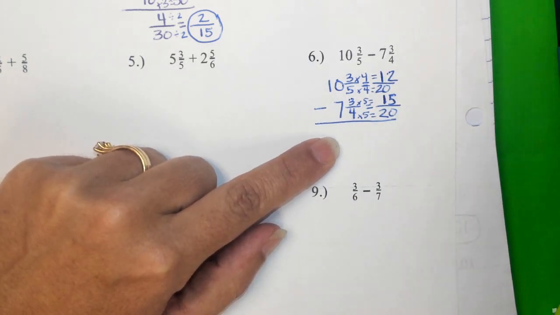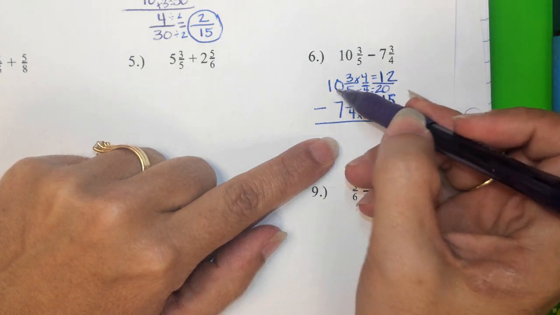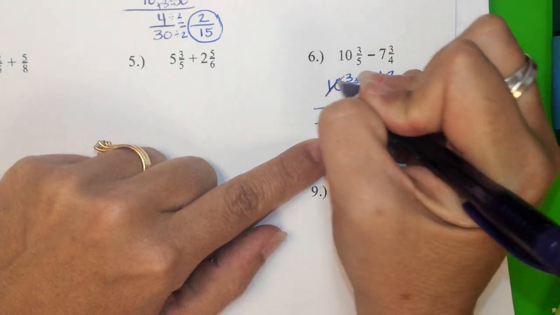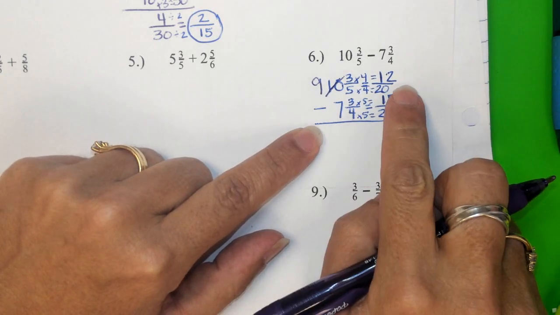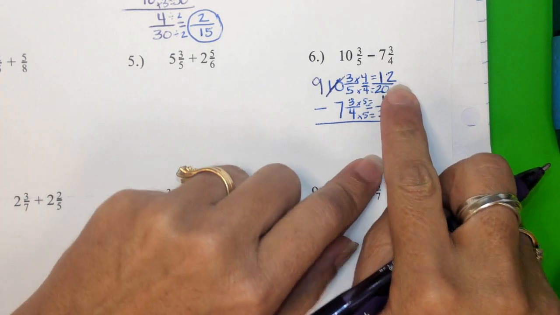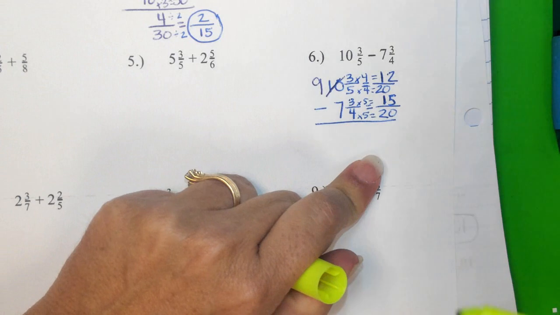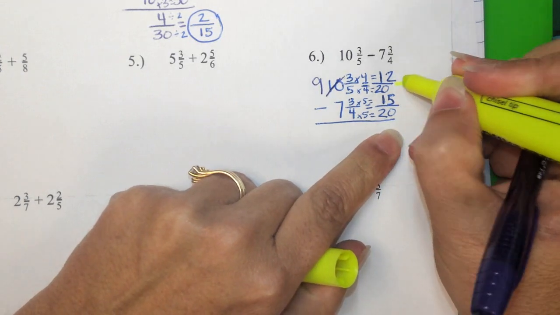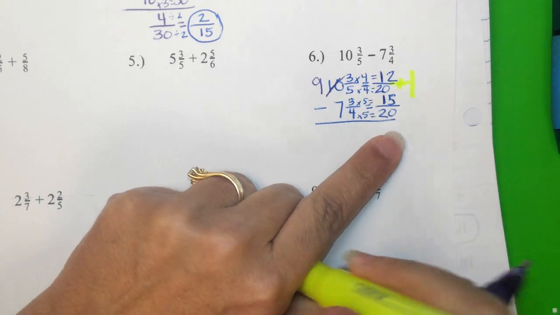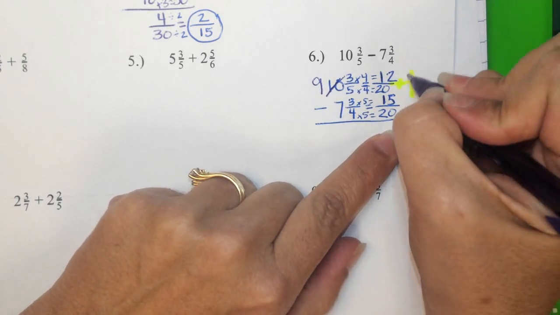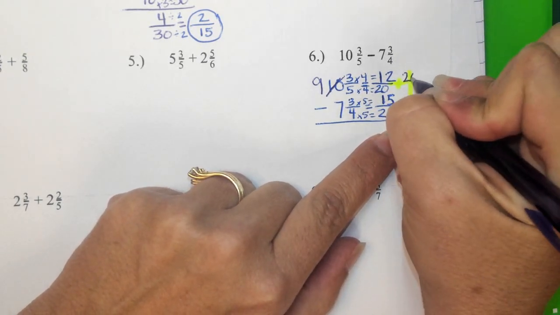I'm going to borrow. I'm going to borrow from the 10. He is now a 9. I took 1 from him. The only difference is, instead of adding what I call a big fat 1 up here, like a big fat whole number, we're not adding a whole number. We are adding a whole number cut up.